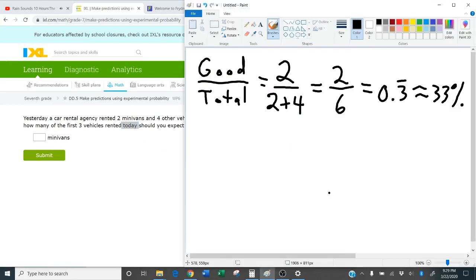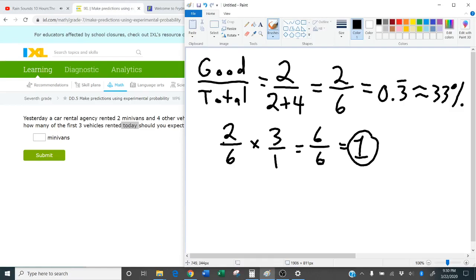Well, we'll just take our probability 2/6 and multiply it by 3, and we can put the 3 over 1, and we'll get here 2 times 3 is 6, and 6 times 1 is 6. And okay, so I'm getting another question here where I have to do 6 divided by 6, and I'll get 1 as the answer.